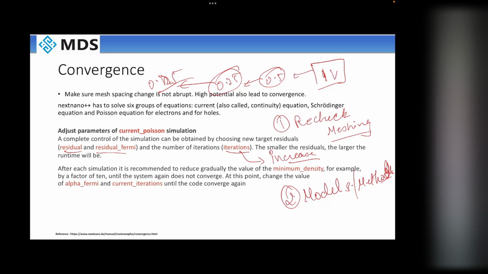The residual is there to reduce the error. But once you increase the number of iterations, surely your runtime will be longer. Another thing you can mention in the method section is the alpha and the current iteration in order to converge.